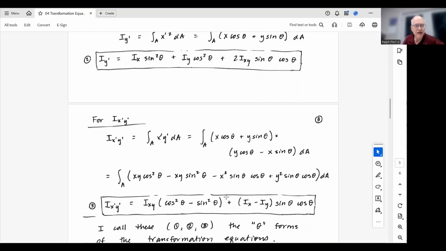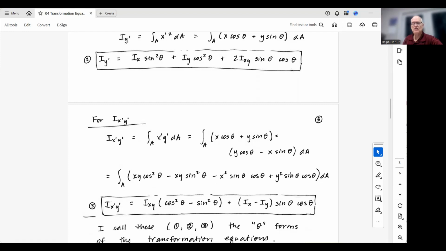If you gather these terms together, you get an Ixy. So wherever you have an xy dA, that's Ixy. And so you have an xy dA times a cosine squared, and then minus a sine squared. And so that's Ixy times cosine squared theta minus sine squared theta. And then you have an x squared dA, which is Iy with a minus sign. And then you have a y squared dA, which is a positive Ix.